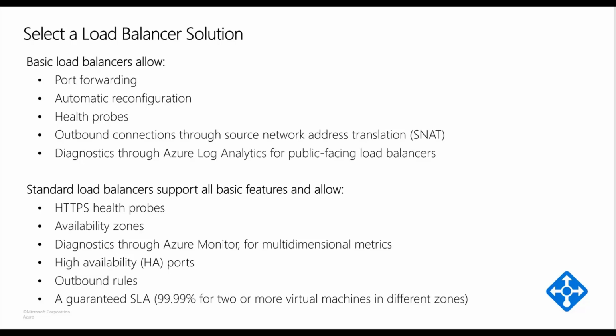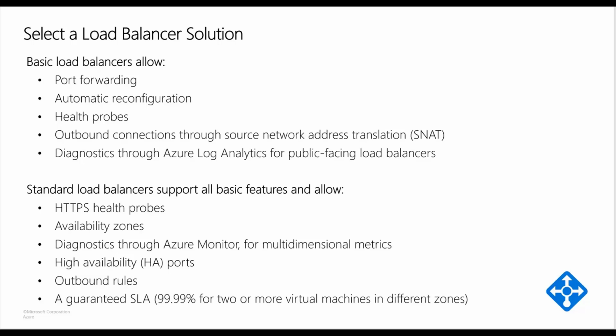Basic allows port forwarding, automatic reconfiguration, health probes, outbound connections through SNAT, diagnostics through Azure Log Analytics, and public facing load balancers. The basic load balancers can only be used with availability sets. They cannot be used with availability zones.